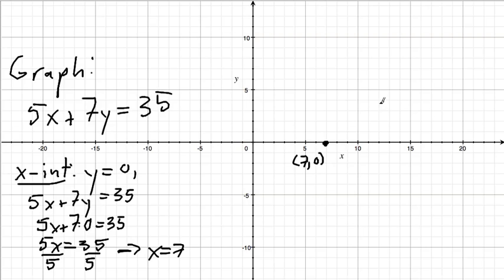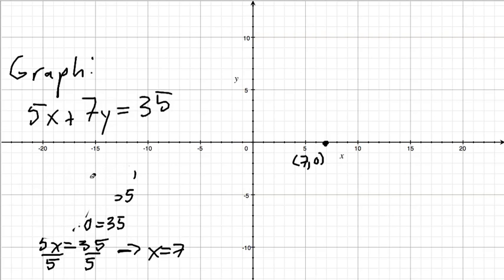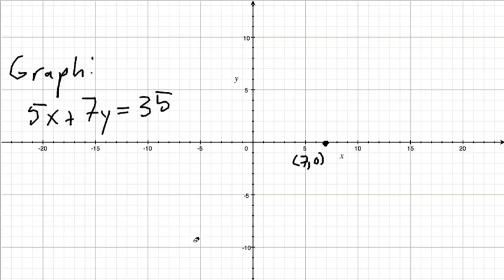Now to find the y-intercept, we're going to do more or less the same thing. Let's get rid of that work right there. The y-intercept, we're going to set x equal to 0, and this gives us 5 times 0 plus 7y is equal to 35.